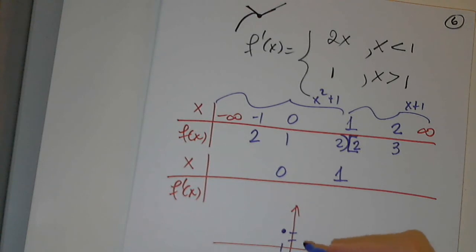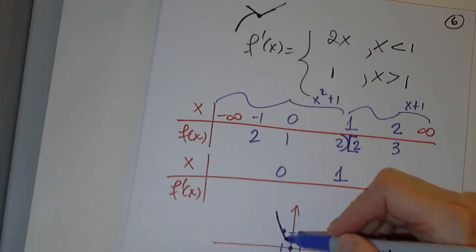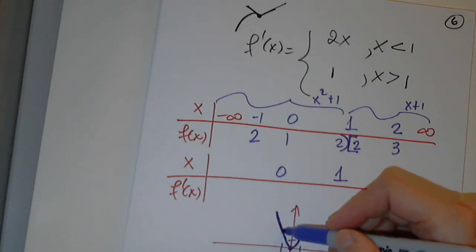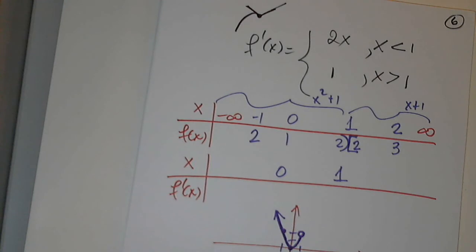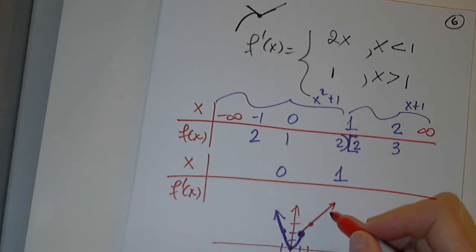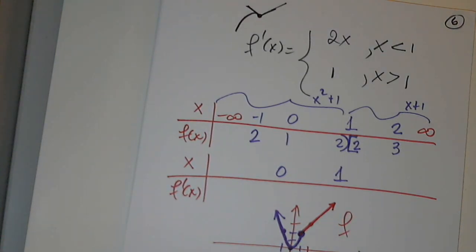I will plot 0, 1. I will plot 1, 2, but open. And this is the quadratic function. And now the linear function, but it starts at 1, 2, so I have to fill this in. And then 2, 3. And this is the graph of f.